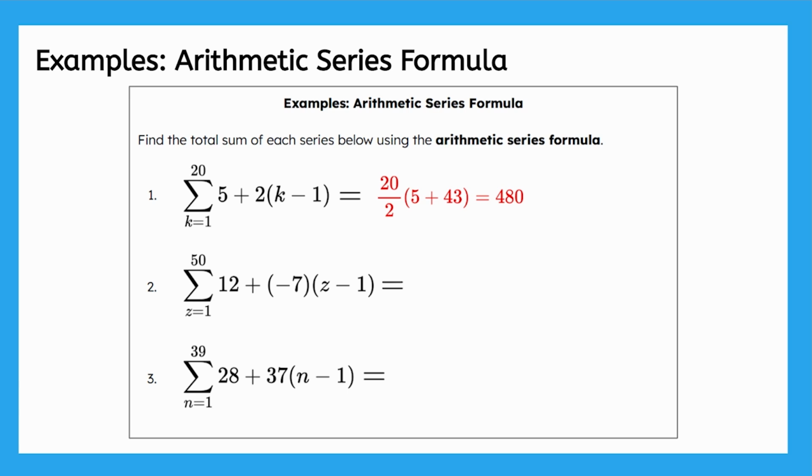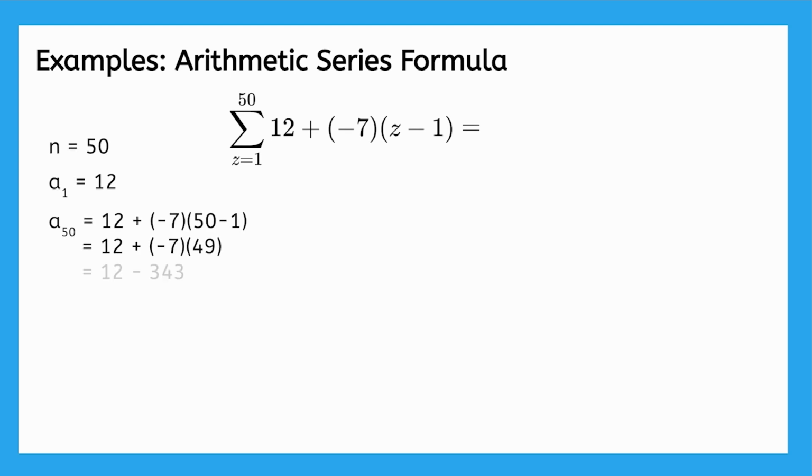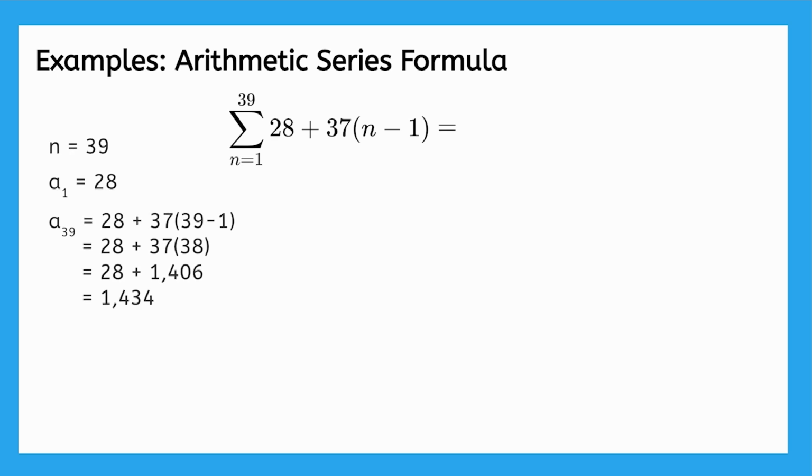For number 2, there are a total of 50 terms, with the first term in the series being 12 and the last term being negative 331. If we substitute those values into the arithmetic series formula, we get negative 7,975. For number 3, we're summing up 39 terms starting with 28 and ending with 1,434.